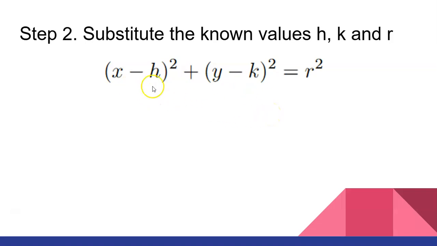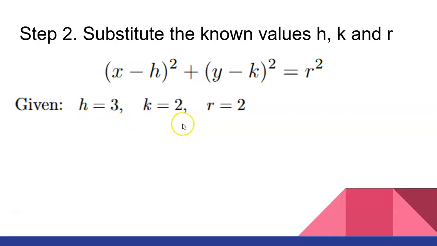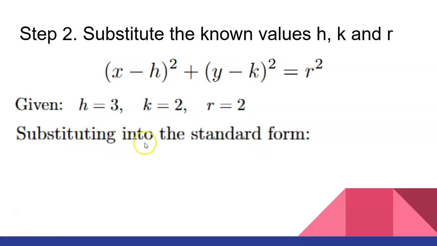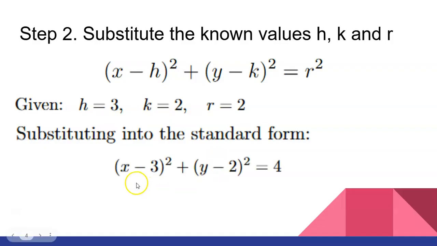So again, this is the standard form of the equation of the circle. So here are our given. h is equal to 3, k is equal to 2, and r is equal to 2. Substituting into the standard form, so we now have (x - 3)^2 + (y - 2)^2 = 4.